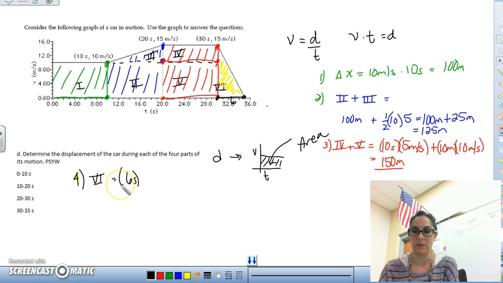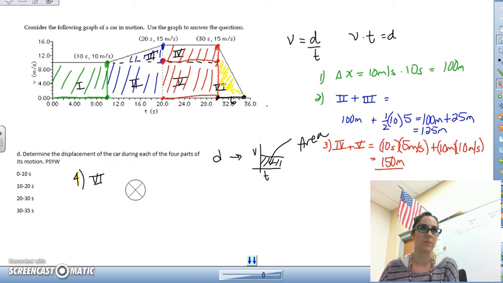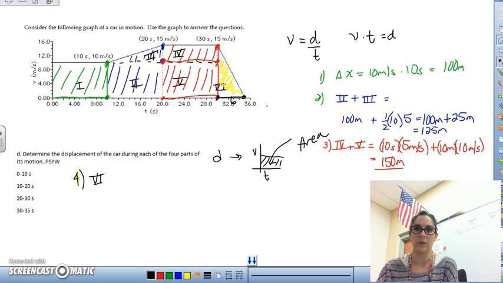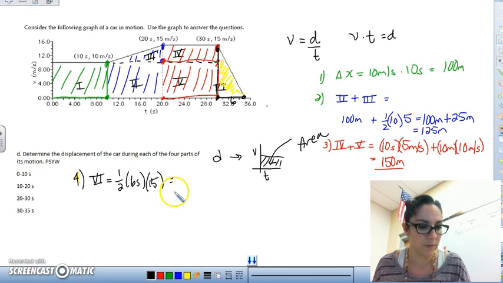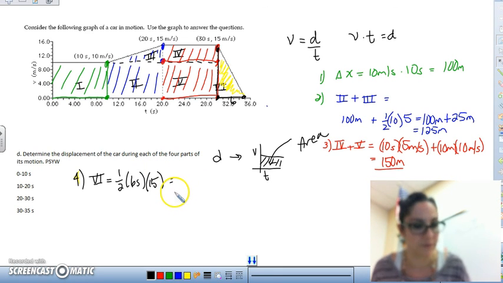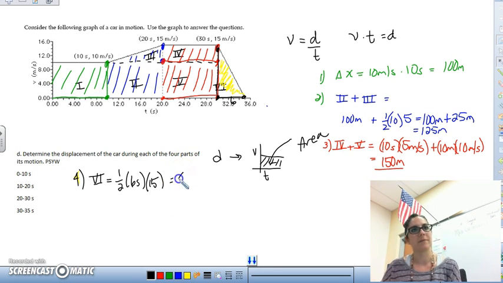So it's going to be 1/2 the base times the height. I'm just going to make some more room and write it out appropriately. So 1/2 the base, which is 6 seconds, times the height. The height from here to here is 15. You can see that right there. So this one I don't know how to do mentally, so 1/2 times 6 times 15 is 45.